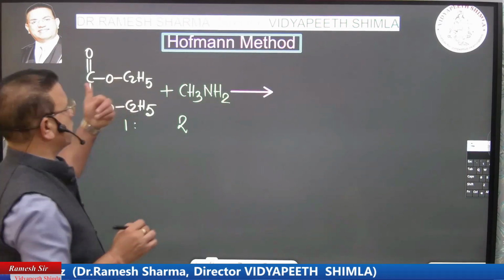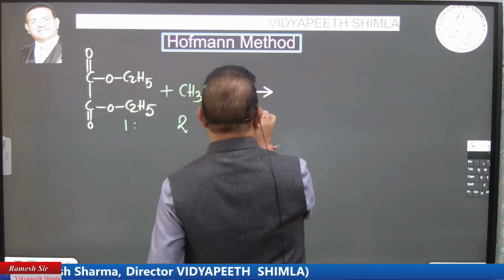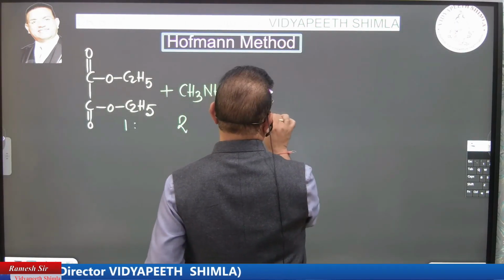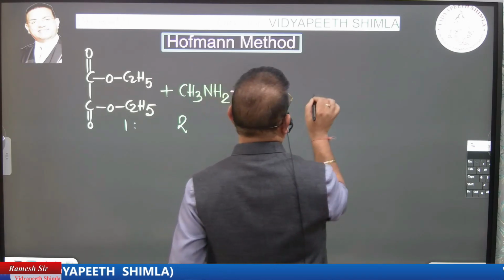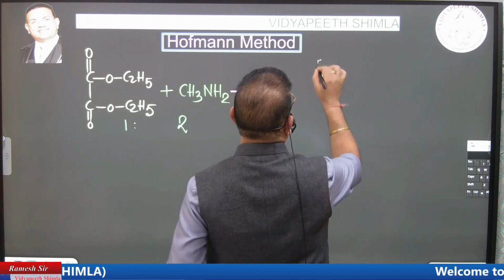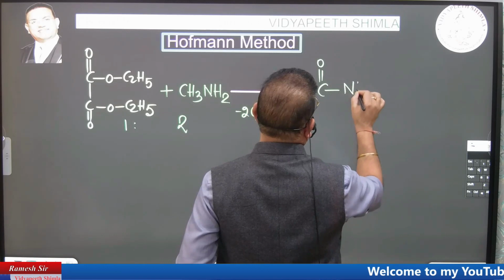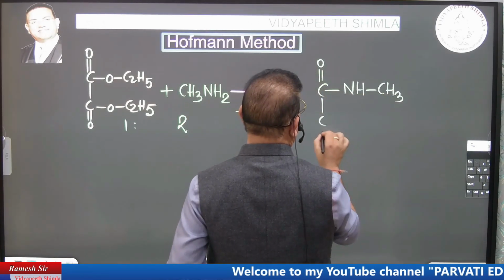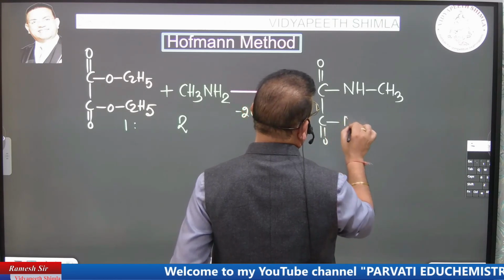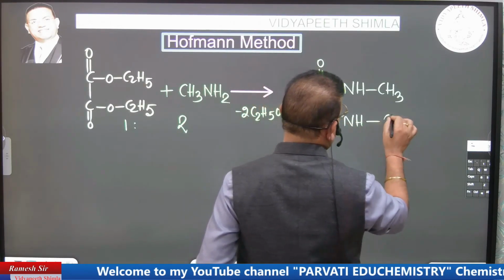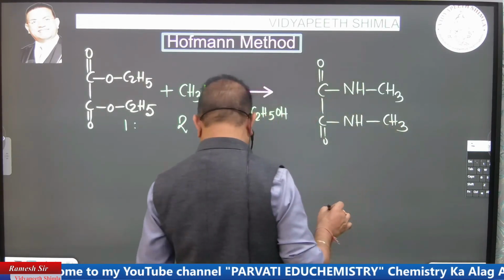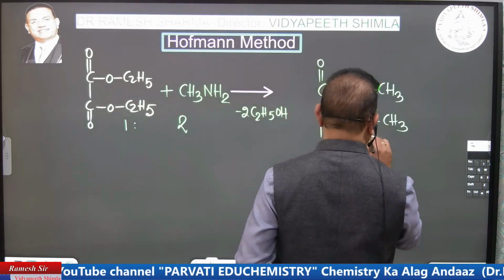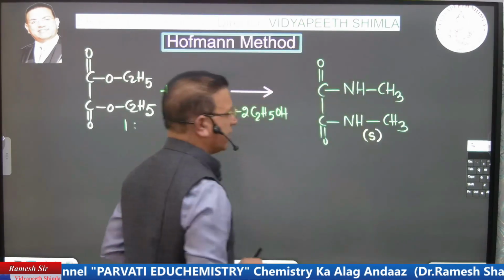This will remove C2H5OH from here. 2 moles of this, and what you will be getting is CONHCH3. That is, you will be getting N,N'-dimethyl oxamide, and you know amide shows strong hydrogen bonding, so this will be solid.